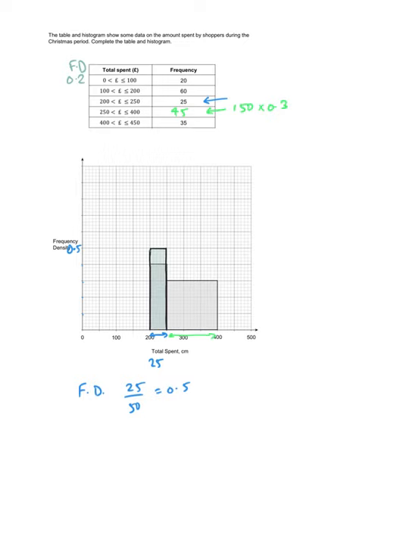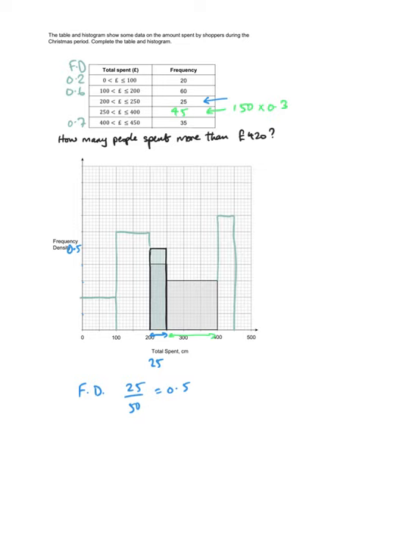This is going to be 60 divided by 100, so 0.6. And this one is going to be 35 divided by 50, which is 0.7. So we'll just quickly draw those on. We go from 0 to 100. It's going up 0.2. It's going from 100 to 200 and up to 0.6. And then it is going from 400 to 450 and going up 0.7.